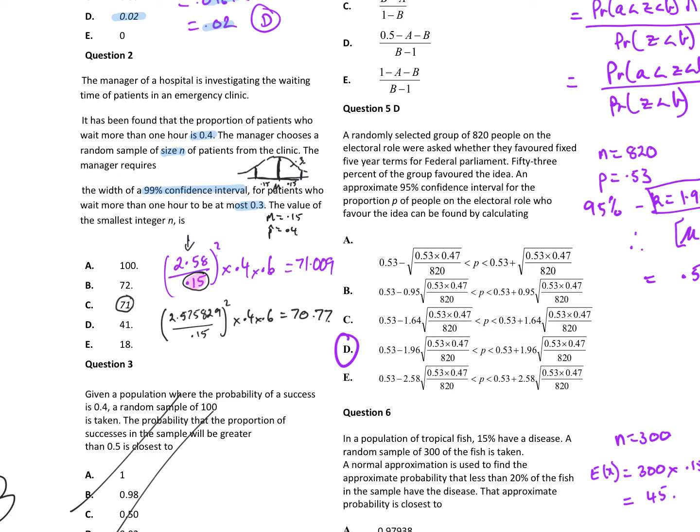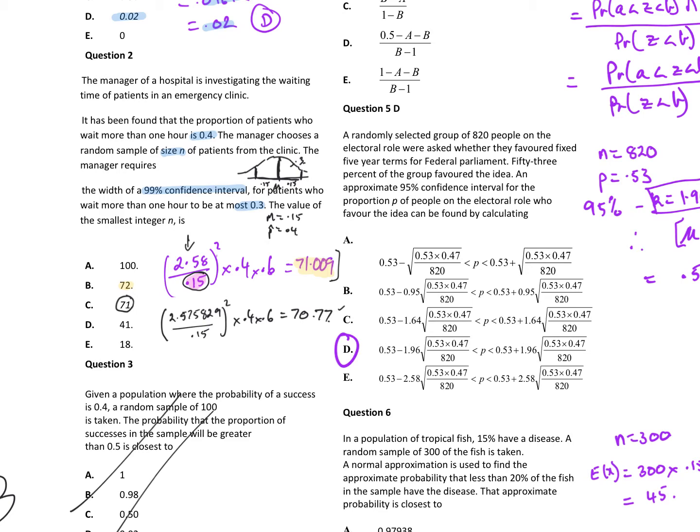The other thing that's worth noting is we're obviously working at a 99% confidence interval, which is our 2.58. Now, if we work with 2.58 squared, I end up with 71.09. If I actually carry it out to a few more decimal places, I end up with 70.77. Depending upon how accurate you kept your 2.58, you're going to choose a different response. At 71.09, we would need to round to 72, because 71 would make you slightly above the 0.3, okay?